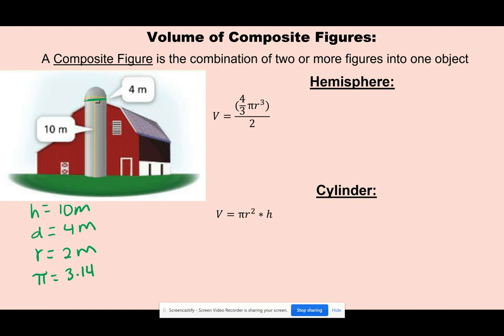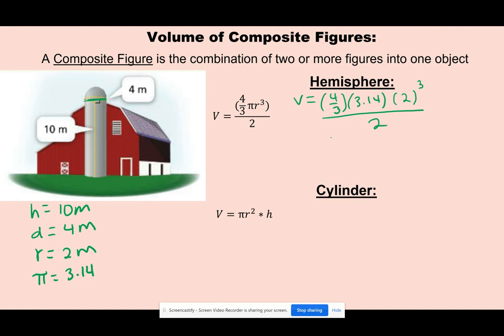So let's go ahead and see if we can find the volume of the hemisphere. So we have volume equals 4/3 times 3.14. The radius is 2 to the third power. And then we're going to take the answer and divide it by 2. Okay. So if we go ahead and do 2 to the third power, that's 8.